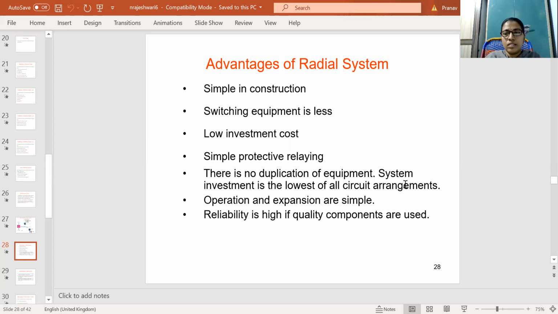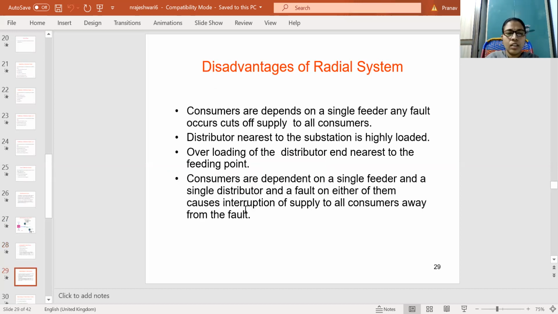Operation and expansion are simple in radial systems, and reliability is high if quality components are used in radial systems. Coming to the disadvantages of radial systems.